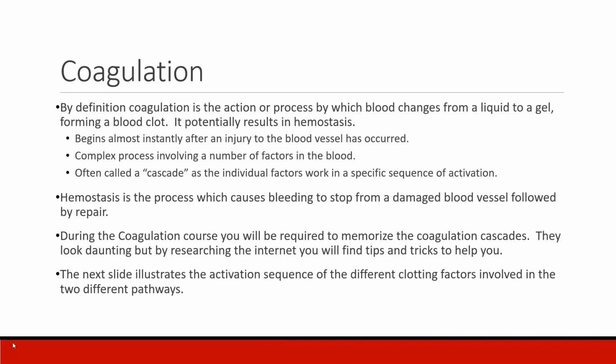And it's often called a cascade, as the individual factors work in a specific sequence of activation. This becomes activated, which will then activate this, which will then activate that. So imagine that you've lined dominoes up, and each domino is a different factor. Then when you tip that first one over, it goes to the end, and at the very end is clotting.